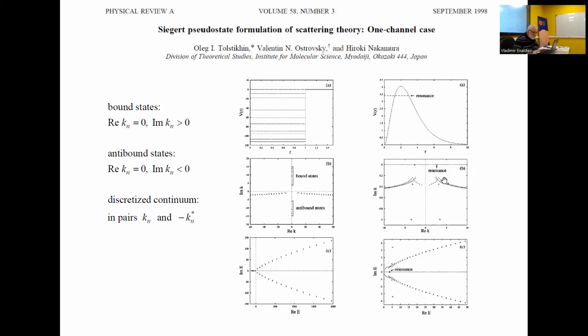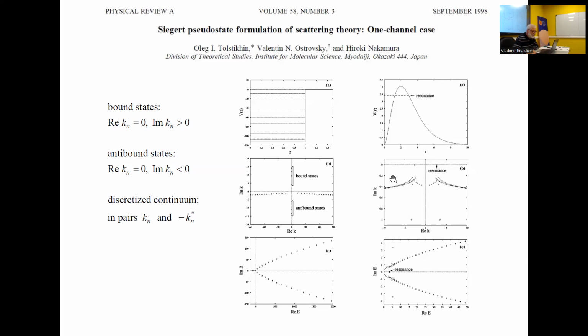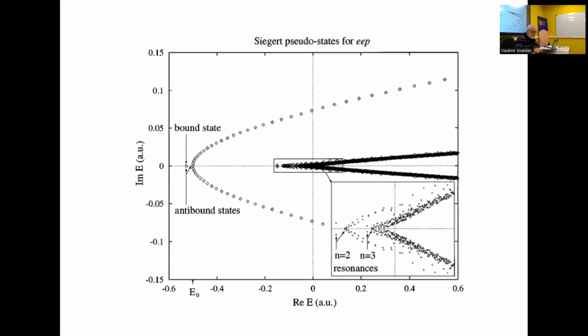Siegert states form some sequences going to infinity, and there is one root which lies separately, a little bit below the real k-axis, and this root represents this shape resonance. And in the energy domain, it appears somewhere here. So having these roots, we can calculate all the objects shown previously: scattering matrix, scattering state, Green function, using some algebraic formulas which I skip here.